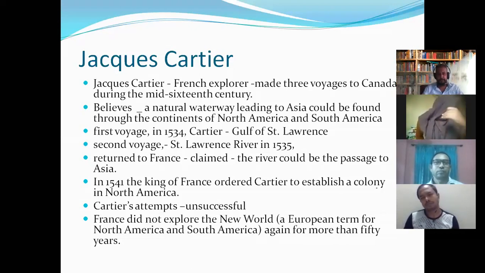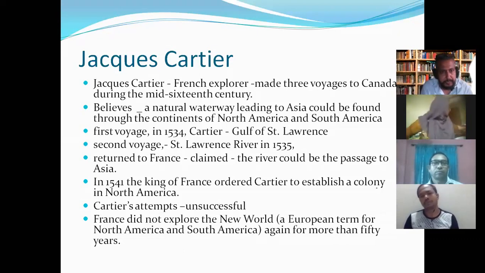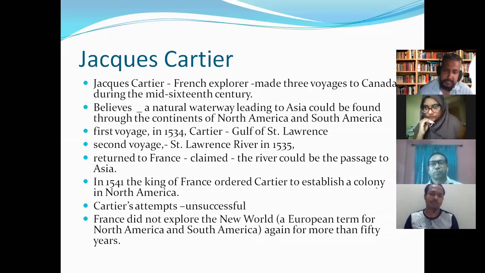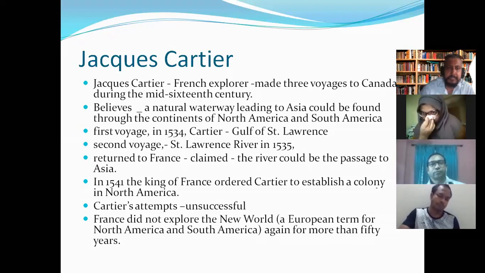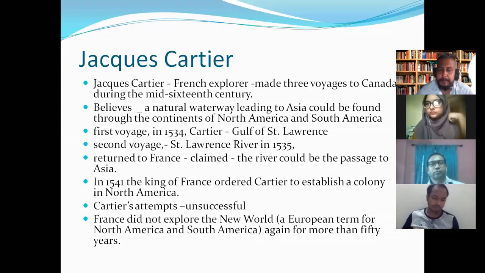And in 1541, the King of France ordered Cartier to establish a colony in North America. Cartier, naturally, after getting the commission from the French king, tried, but he failed. After that, the French didn't explore the New World again for more than 50 years.